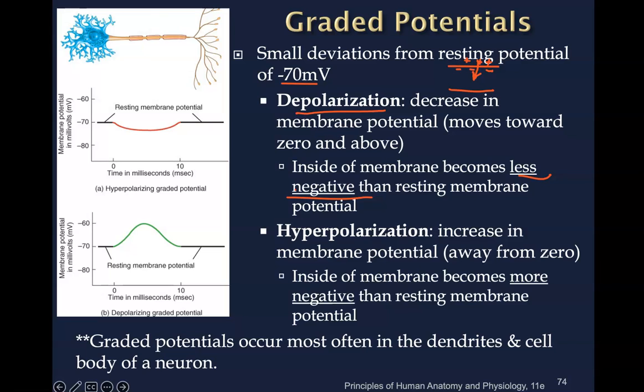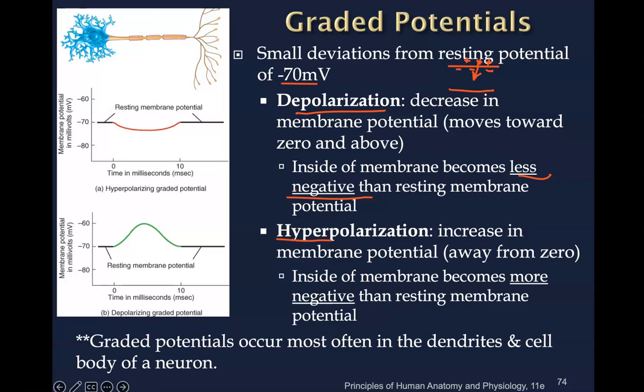Now hyperpolarization is going to be just the opposite. You're going to get an increase in that, and that's what you're seeing here. This is hyperpolarization. You're getting an increase in the membrane potential away from zero, so you're going to make it more negative. That's what they mean when they say hyperpolarized. Remember, hyper means excessive.